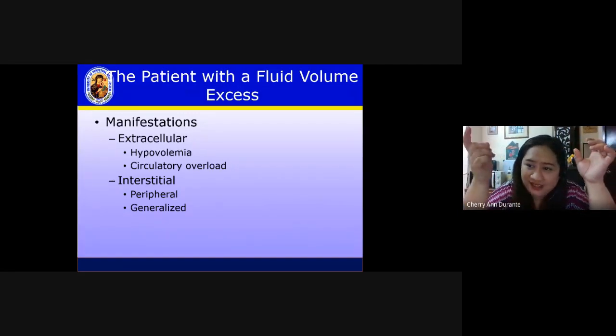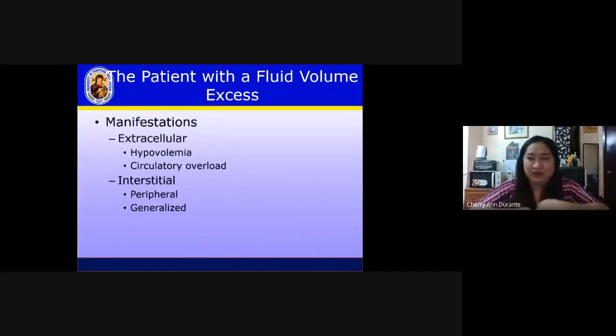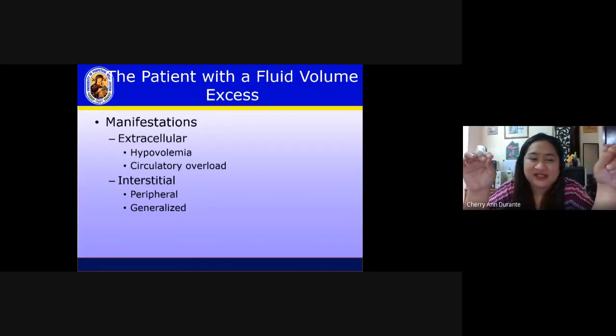It means it's peripheral, generalized edema. Usually it's in the limbs, and it will result in generalized edema. You will swell. So that is fluid volume excess for interstitial, in between the cells.